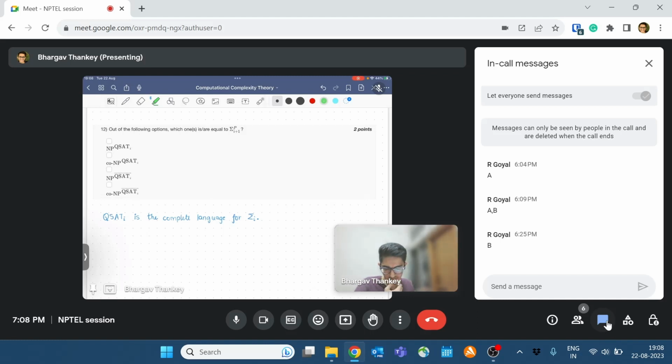So I'll go for B and C. The complement of Q set i, and NP is correct, but B is not correct. It's A that is correct.